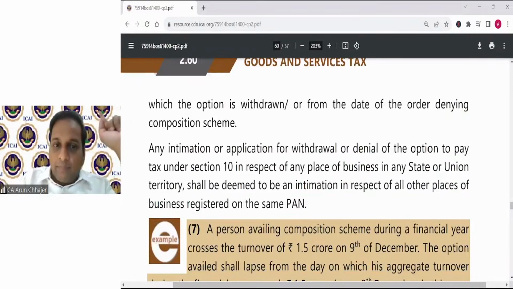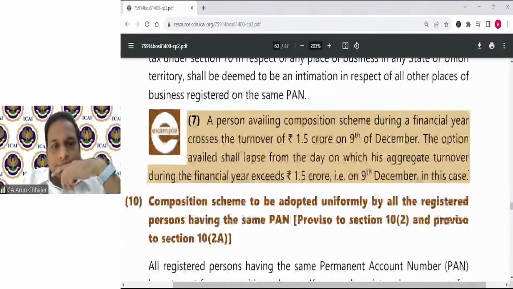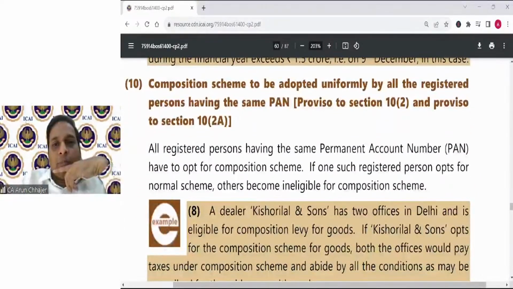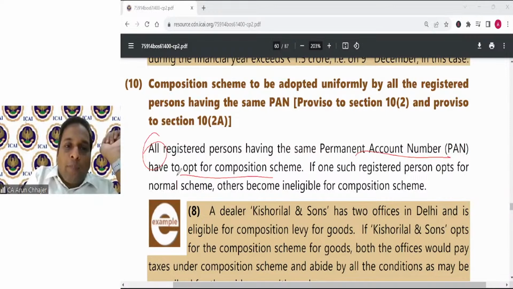An intimation or application for withdrawal or denial of this option to pay the tax under section 10 in respect of any place of business shall be deemed to be for all places. Composition has to be adopted uniformly by all registered persons having the same PAN, which we have discussed. Let me repeat once again: all registered persons having the same PAN have to opt for composition.